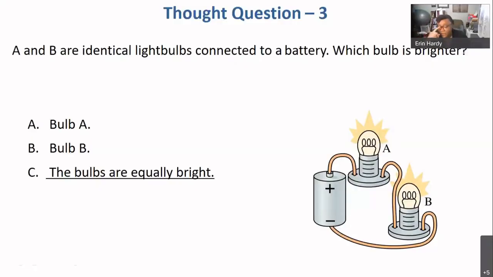So the battery is not always going to work at a constant rate. The amount of current will scale based on the job that the battery is actually trying to do. So if instead of these two light bulbs that I have in series, I had 100 light bulbs in series, then the rate at which current moves through any one of those light bulbs would be smaller than what we see for this case here.